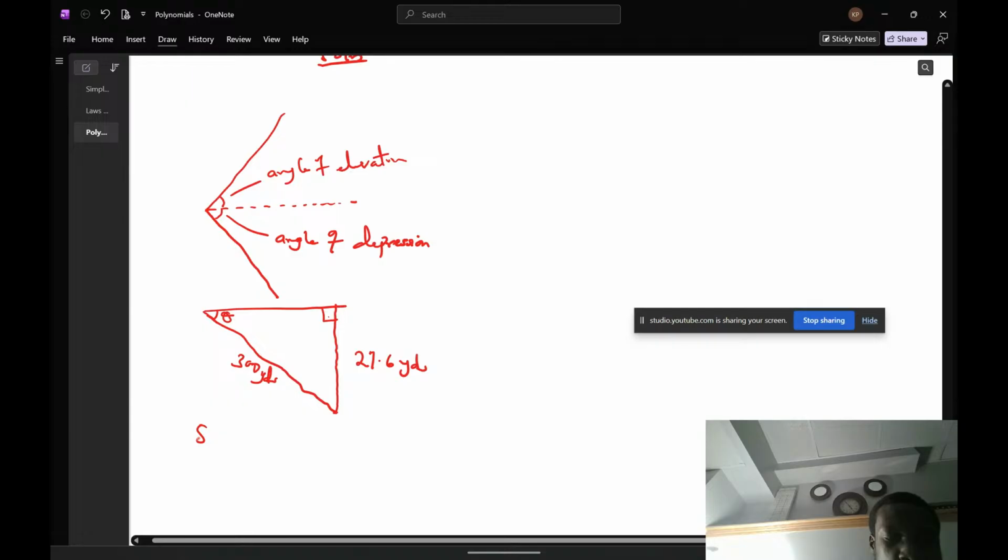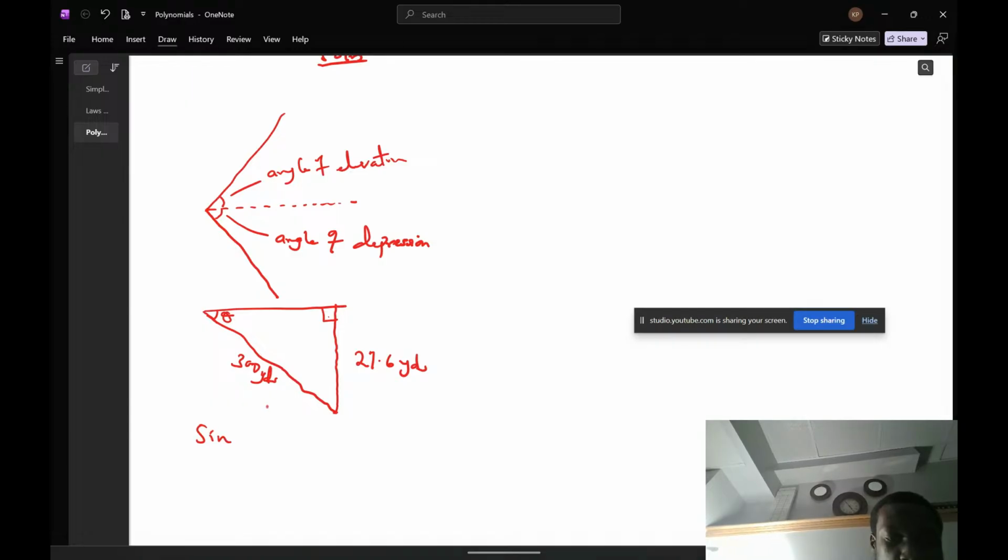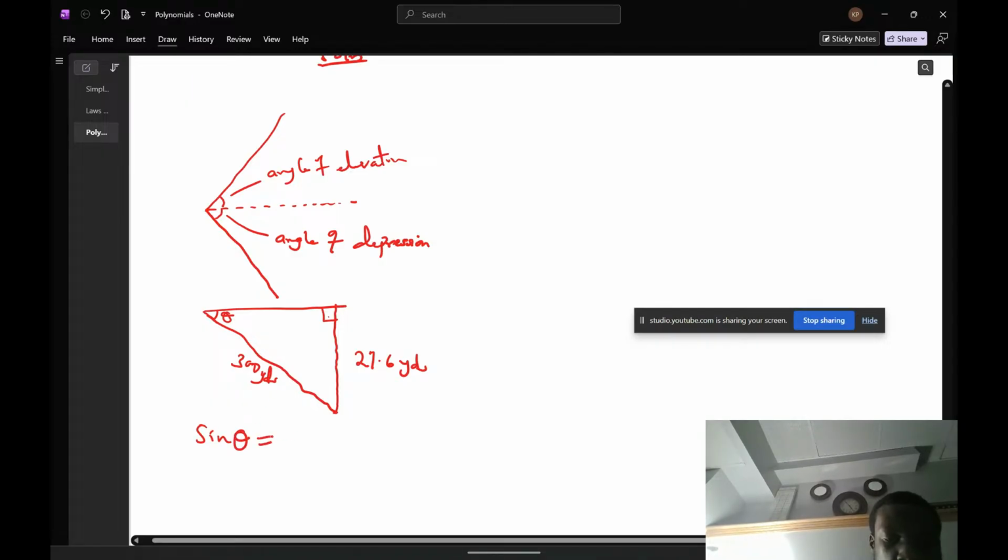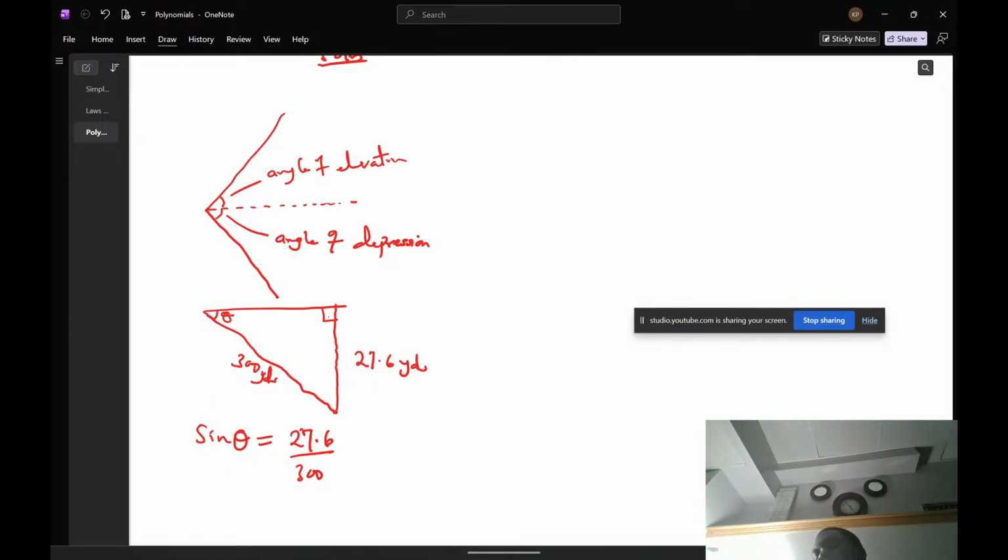So that will be sine theta is equal to opposite, which is 27.6 divided by 300. So 27.6 divided by 300 will be 0.092.